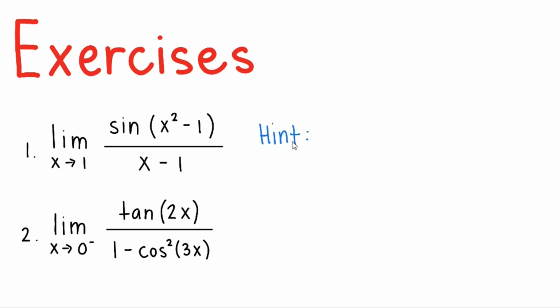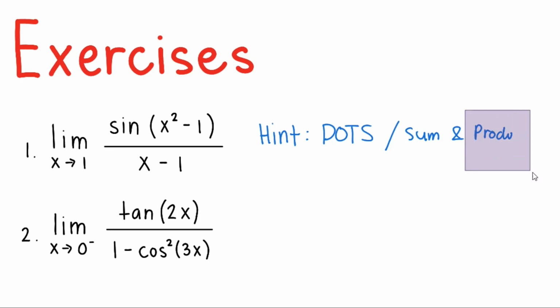The hint is to apply difference of 2 squares, or if you don't know what difference of 2 squares is, it's the sum and difference product of a binomial. So you can use these two in order to answer this one.